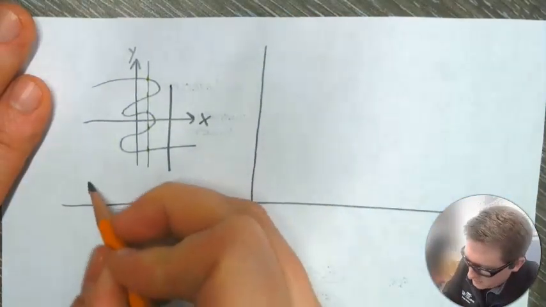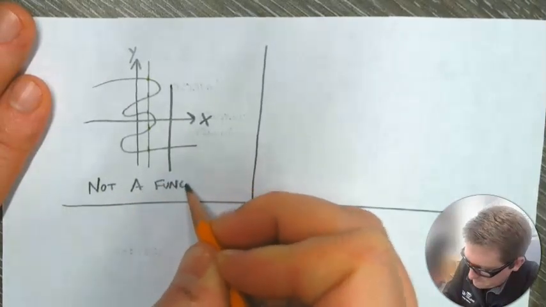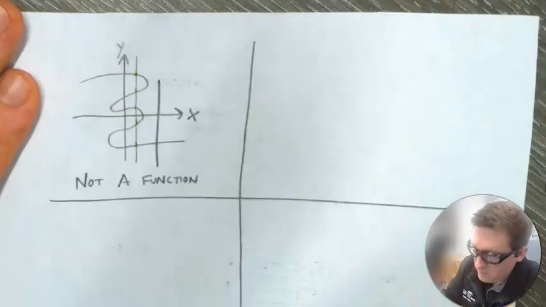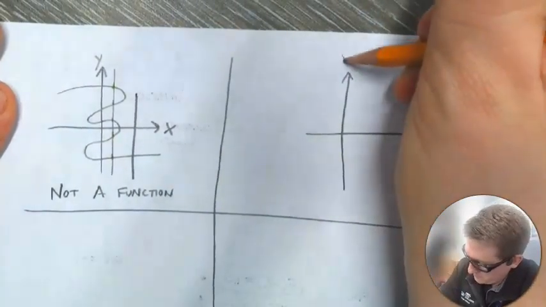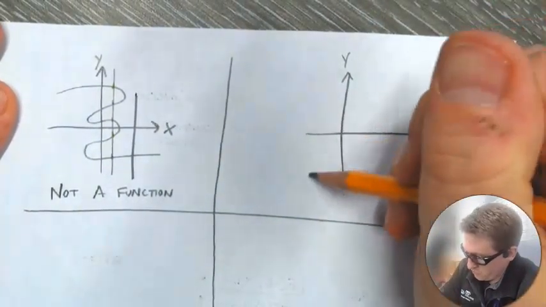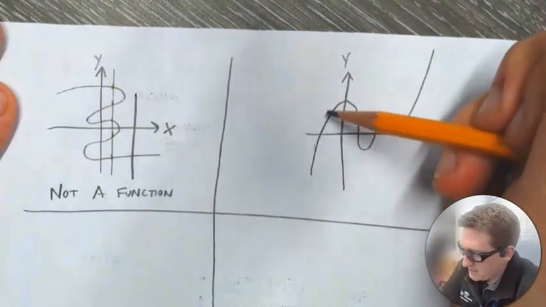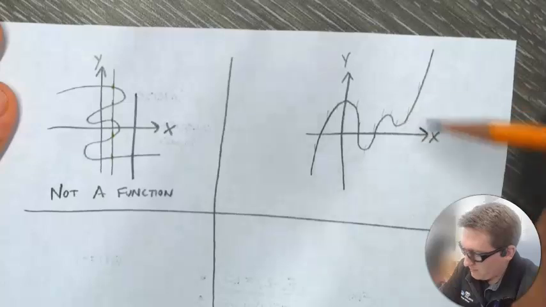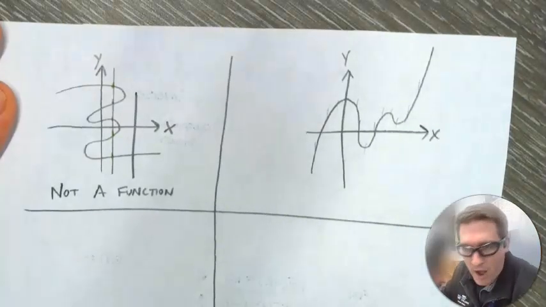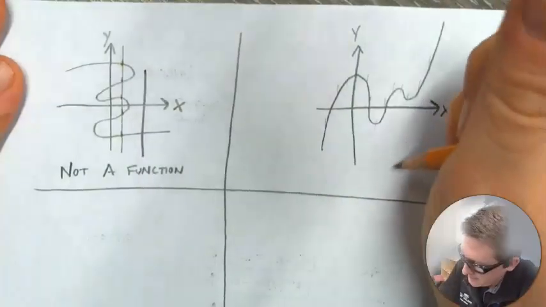So this is not a function. But this one passes every vertical line test that I give it, no matter where I'm looking. There's only one y value for every x value. So this is a function.